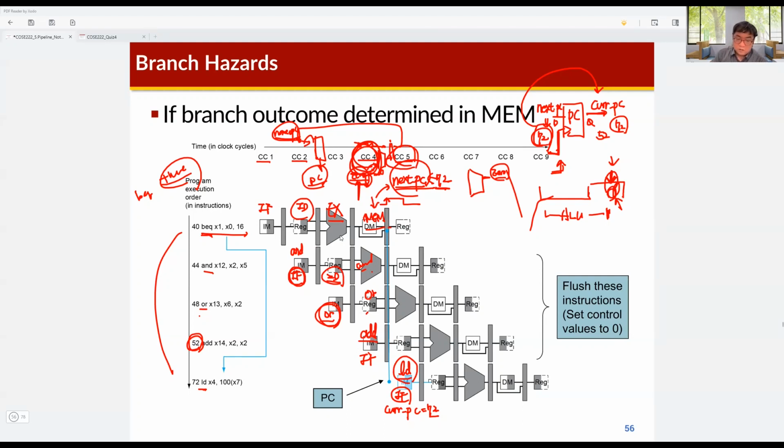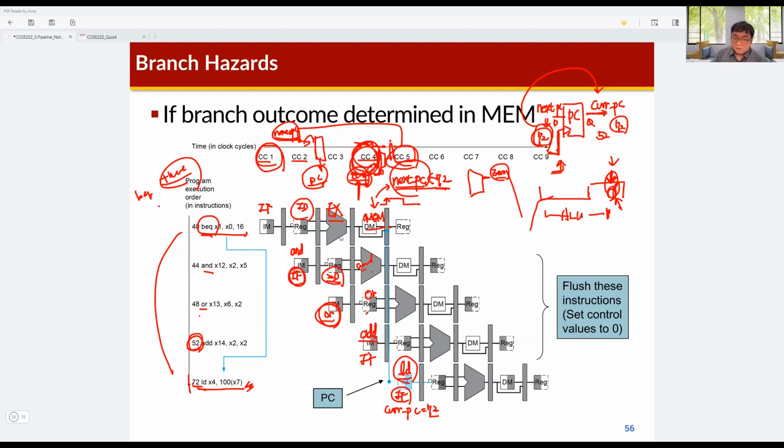So if we just see, at clock cycle number 1, the branch is firstly fetched, but the result of this branch instruction, that is the target instruction. So actually, the next instruction of this branch instruction should be this instruction, because the PC is 72.